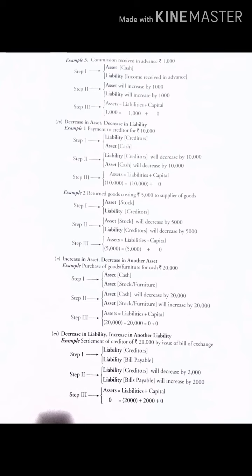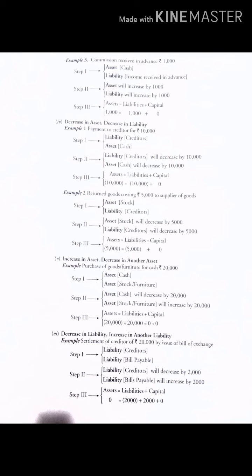What is my asset which has been increased? That is 20,000. Fine, now my liabilities, that is nothing. I have given my cash, so my cash is reduced. So it has the same side effect. No liabilities, no capital. Clear?